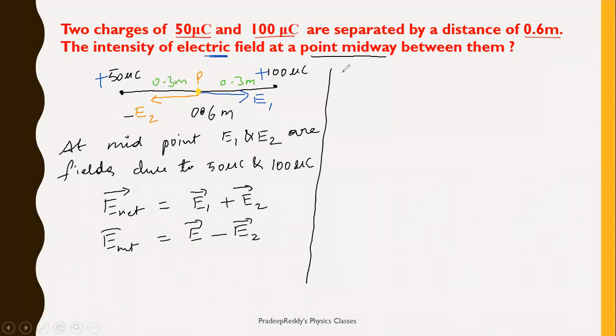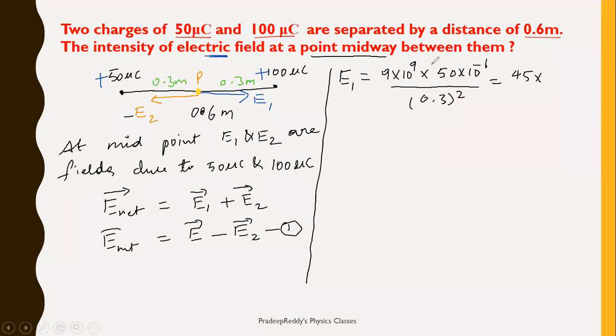Now find out what is the value of E1. E1 is equal to 9 into 10 power 9 into charge 50 into 10 power minus 6 divided by 0.3 whole square. That is E1. This gives you 5 9s 45 into 10 power 4.